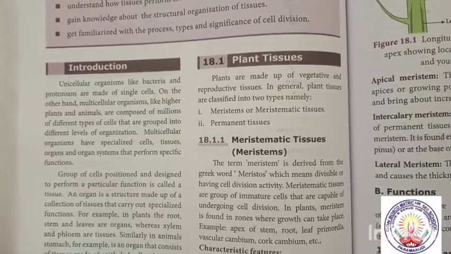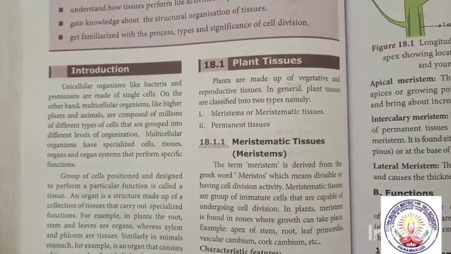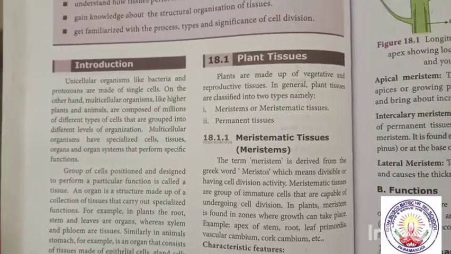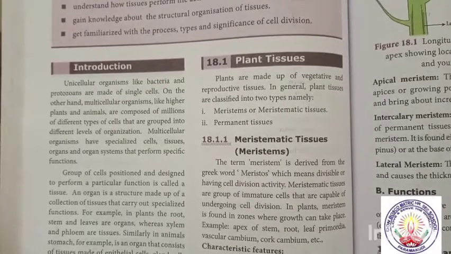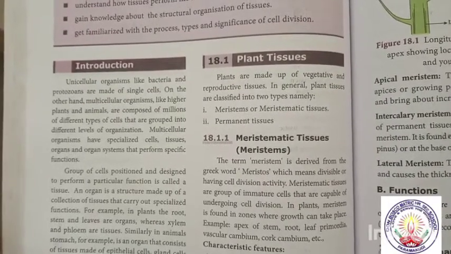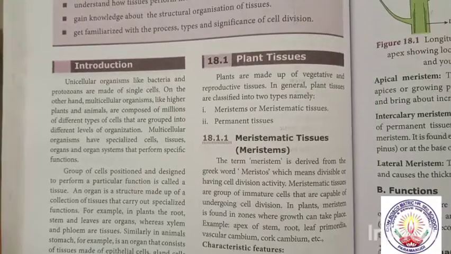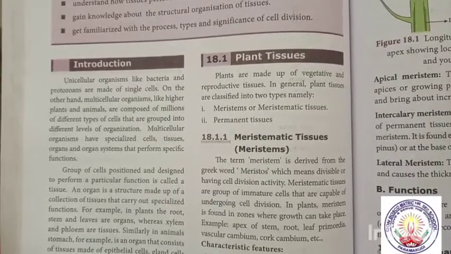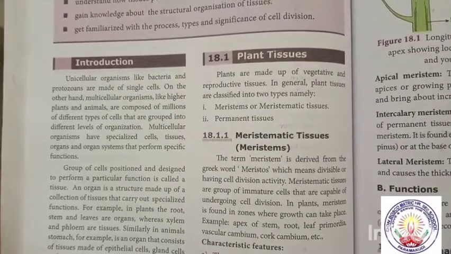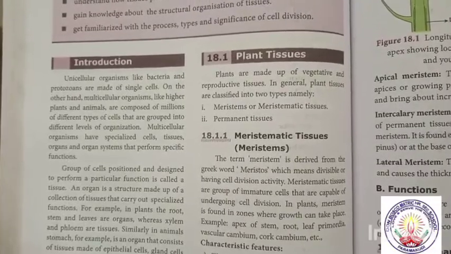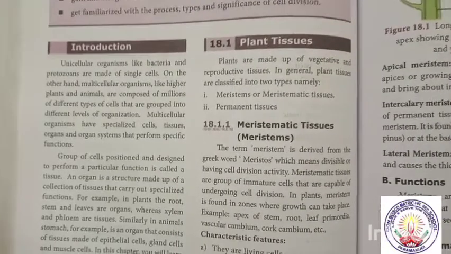In plants, meristem is found in zones where growth can take place. Example, apex of stems, root, leaf primordia, vascular cambium, cork cambium, etc.